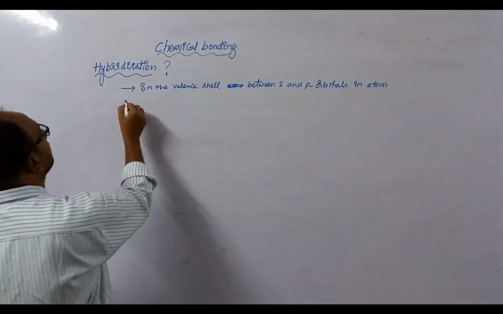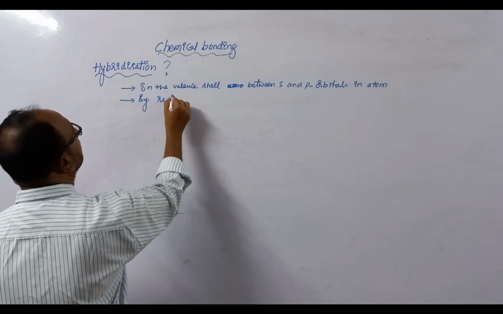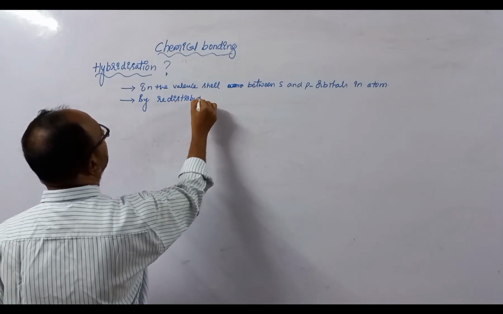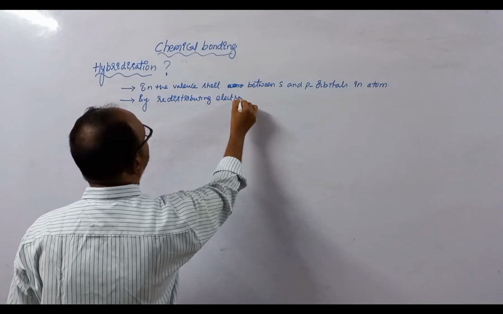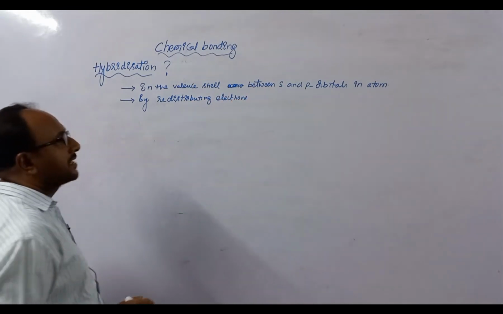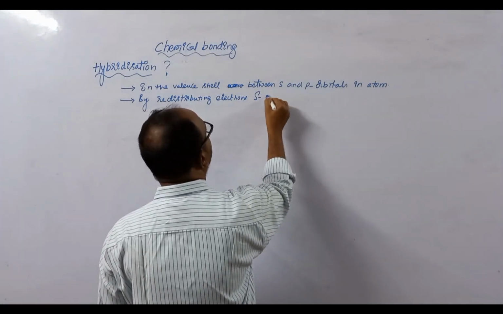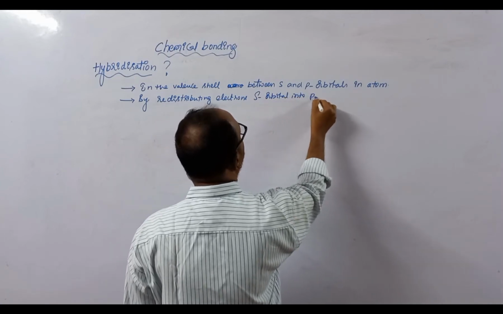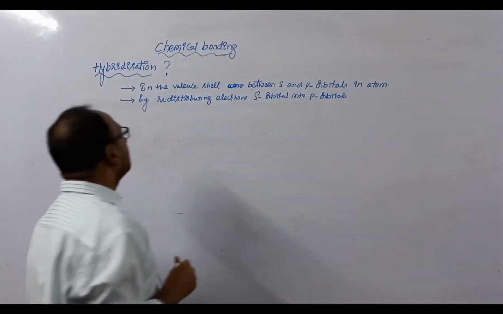So by redistributing electrons from s orbital into p orbitals, hybridization takes place.